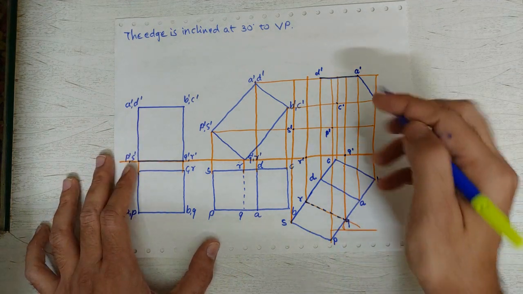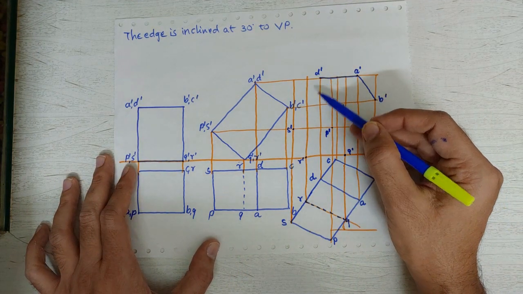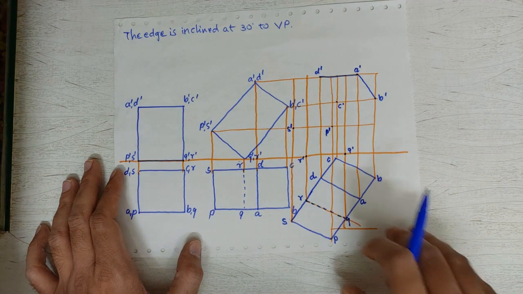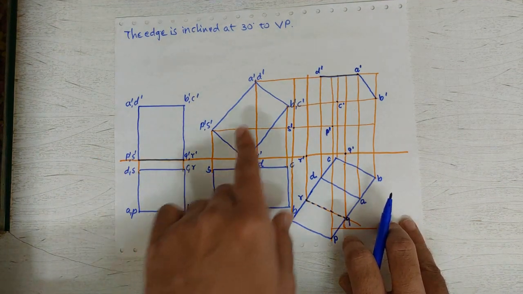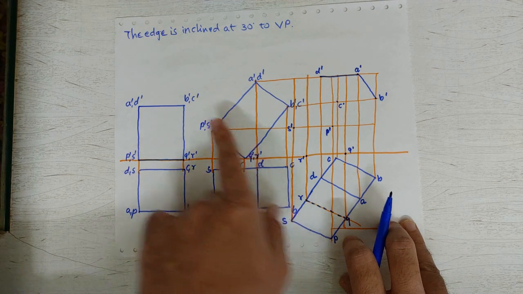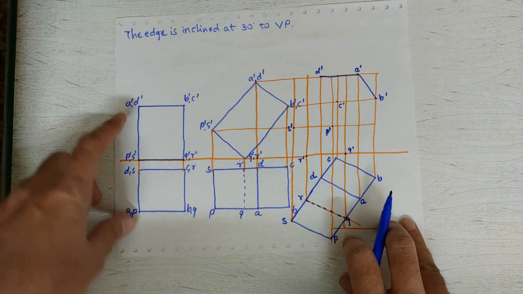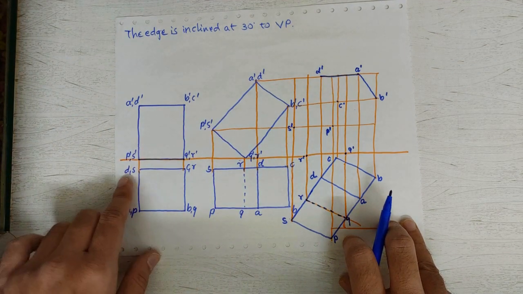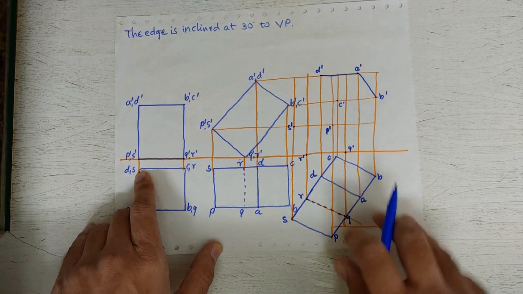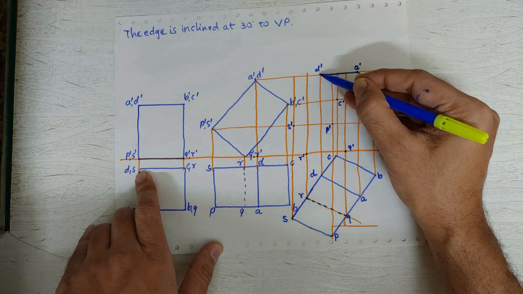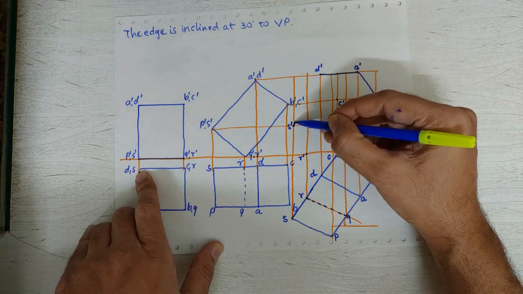Now which point is to be connected to which point? For that we can take reference of the earlier views. So here we can see in this top view we can see D and S, that means D and S are connected to make an edge. So here we can connect D prime to S prime with a straight line.